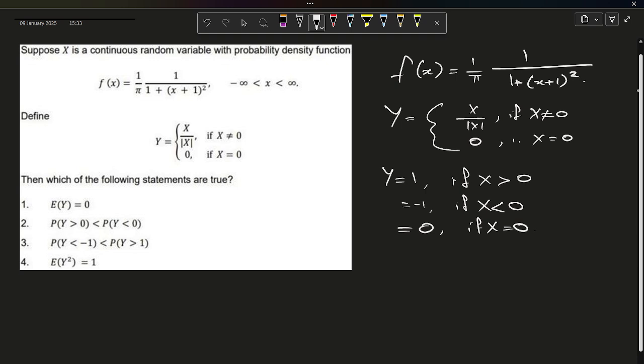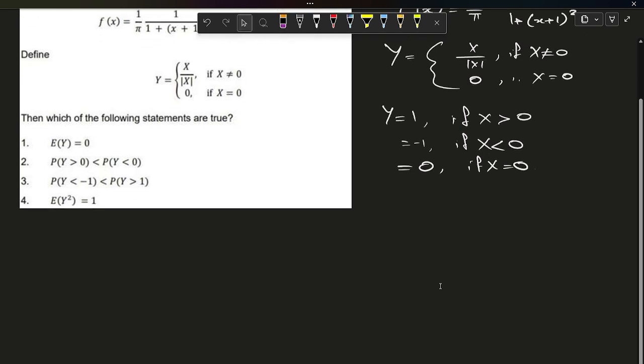Now analyze each statement. Option 1 says expectation of y is equal to 0.